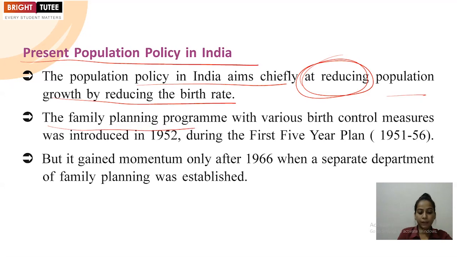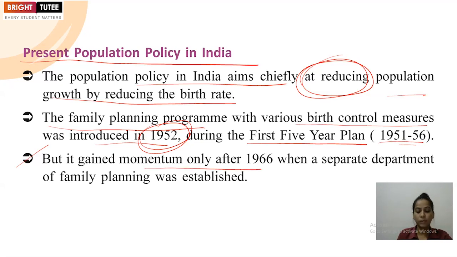The family planning program with various birth control measures was introduced in 1952 with the same aim. This kind of family planning program was started during the first five-year plan after independence, between 1951 and 1956, because at that time the main focus was just to control the population of the country. But this program gained momentum only after 1966, when a separate department of family planning was established.